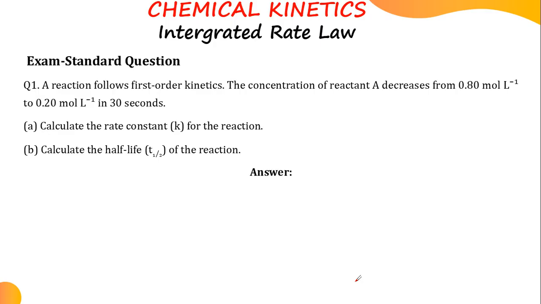Let's come up with a formula. Since it's first order, we need to look for the integrated rate law for the first order, which connects the concentrations they have mentioned with the rate constant K. Which formula is that? Can someone remember?